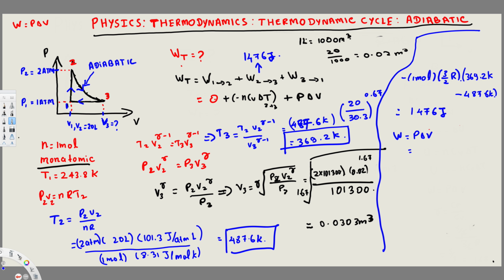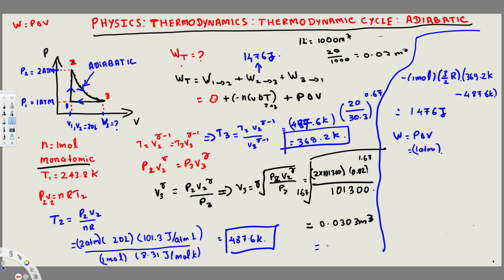So P is constant, that's 1 atm. Delta V is going to be final minus initial. So it's going from 3 to 1. So 1 is going to be the final. Because this is in meter cube, I have to convert this one into liters.